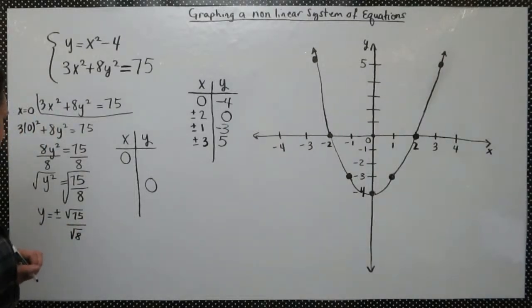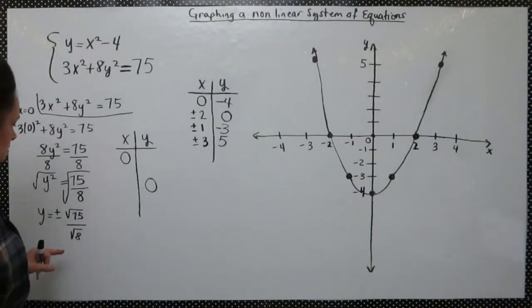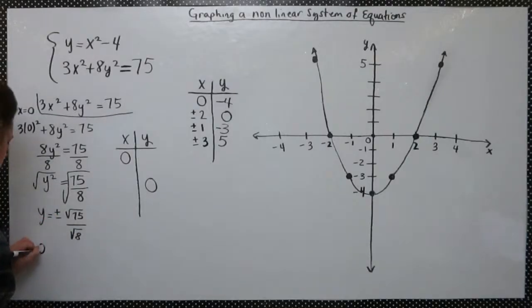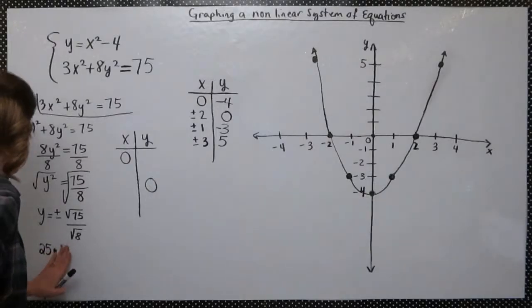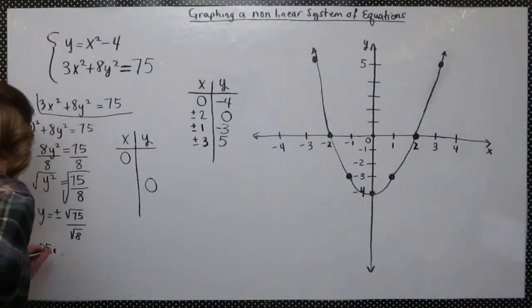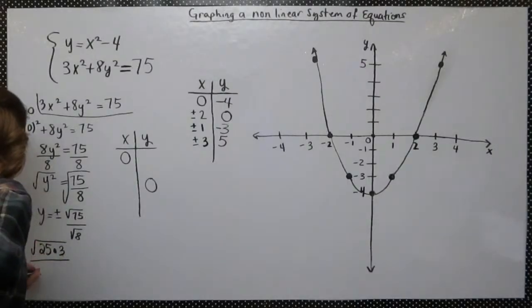And rules for radicals: neither one of these is a perfect square, so you can simplify them a little bit. So 75 is 25 times 3. Getting a little ahead of myself there. 25 times 3 over the square root of 4 times 2.